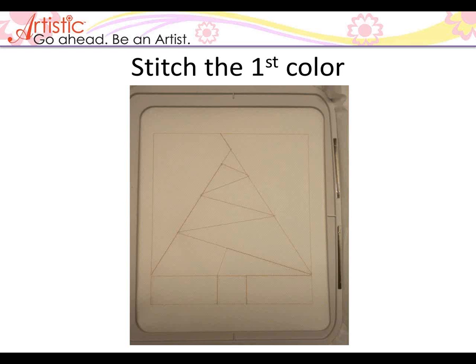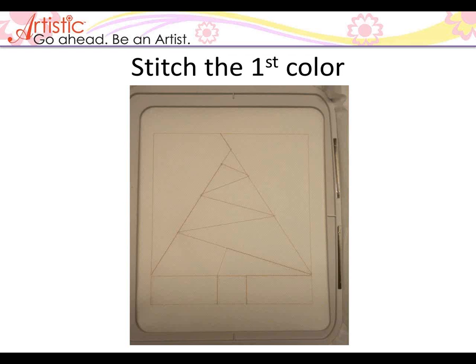The first color was, remember how we had taken the basic tree that we used on everything? We changed all the colors to one. So the first color that stitched out was my pattern. It has the whole block on there, so I can build and I can see exactly where things are at and what is going to come.